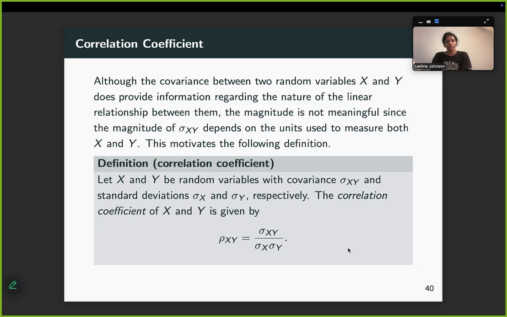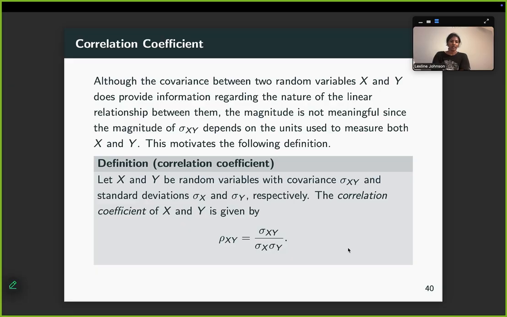Covariance is useful for finding a linear relationship between two variables, but it doesn't provide a meaningful magnitude, since the magnitude of the covariance depends on the units used to measure both the random variable X and the random variable Y and their distributions.